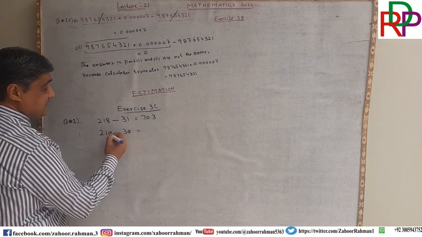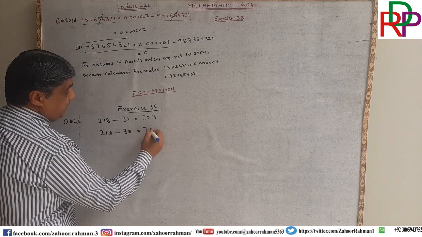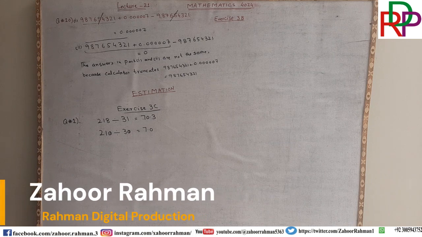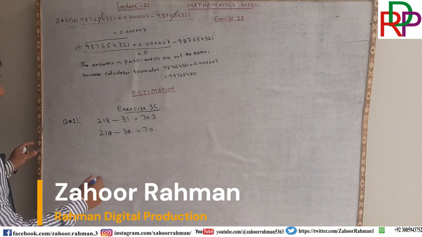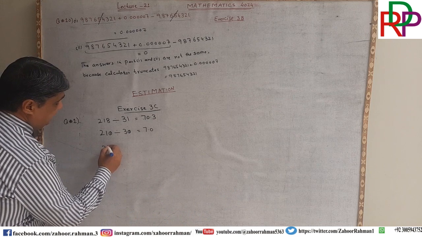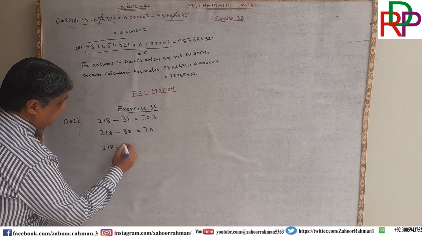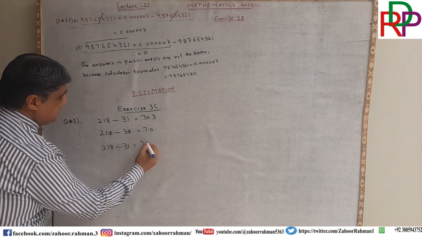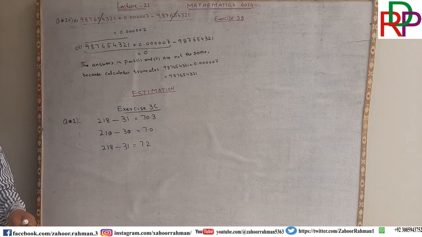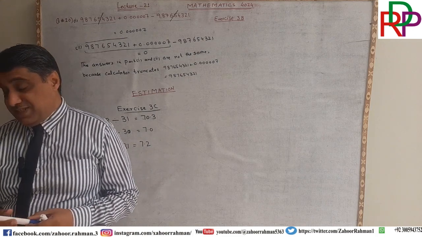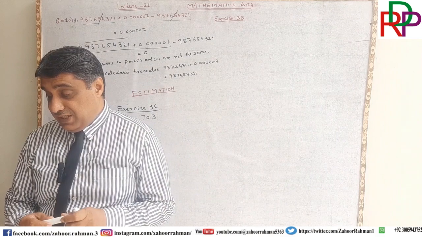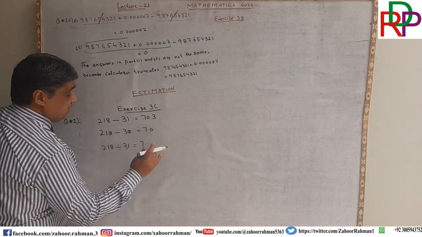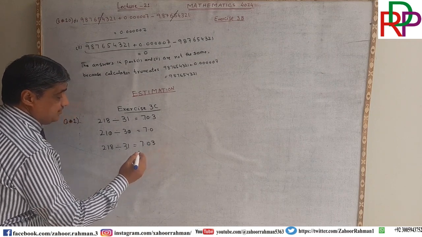This 0 will be cancelled and 7.0 is the answer with me. Now, if I am using the calculator and finding this, it is nearly equal to 7.2 or 7.3 something.